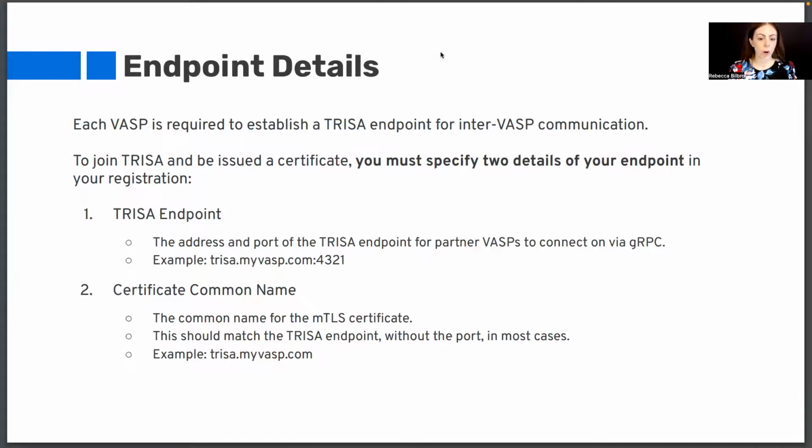Each VASP is required to establish a TRISA endpoint for inter-VASP communication. To join TRISA and be issued a certificate, you must specify 2 details of your endpoint in your registration. Your TRISA endpoint, which is the address and port of the TRISA endpoint for partner VASPs to use to connect with you via gRPC, for example, trisa.myvasp.com:4321, as well as your certificate common name for your mTLS certificate.